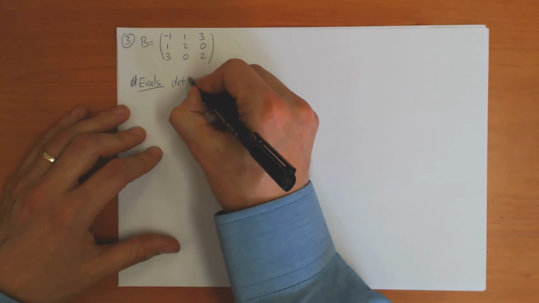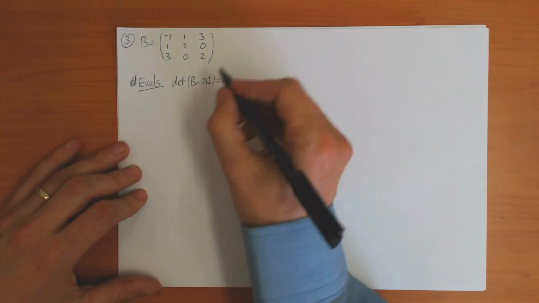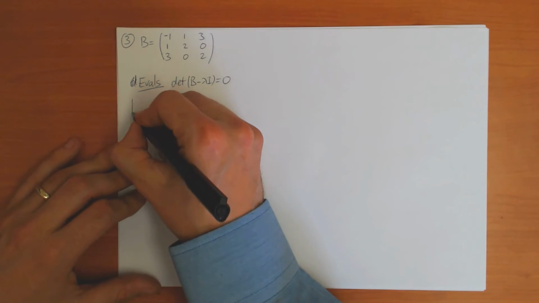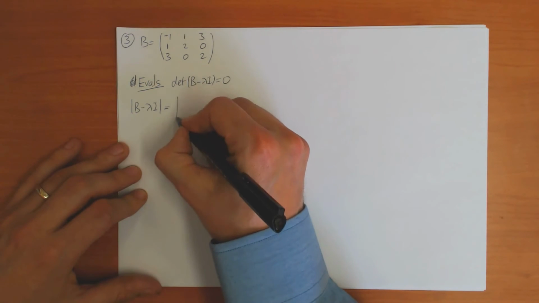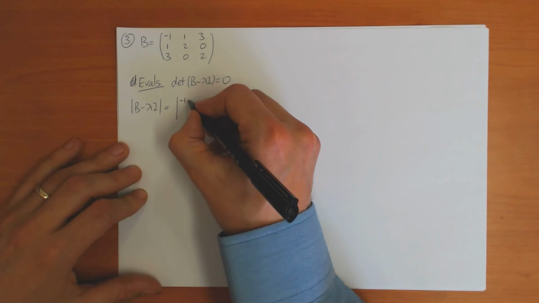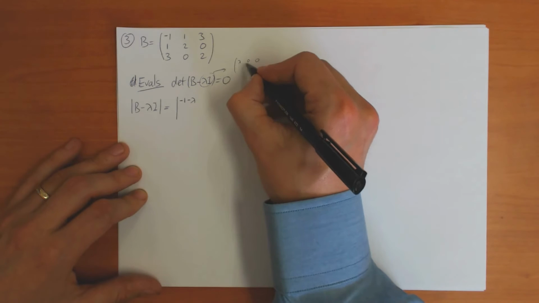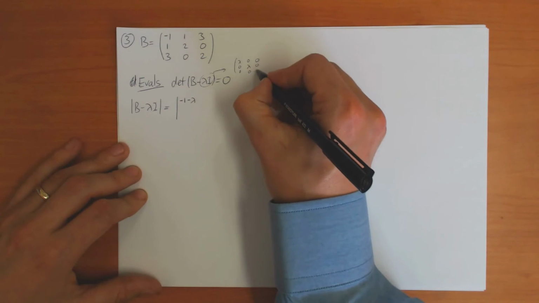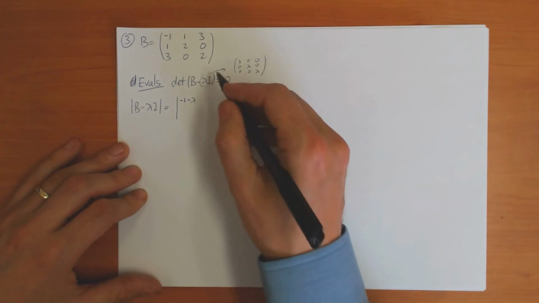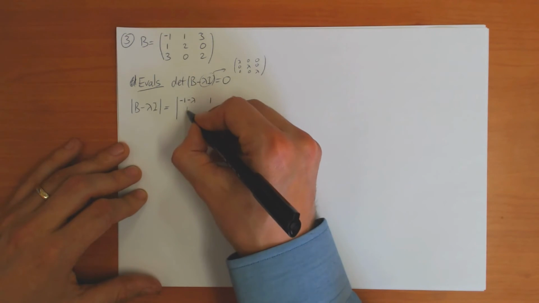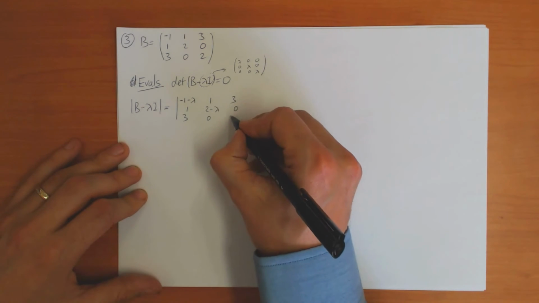That means solve det(B minus lambda I) equals 0. So the determinant of B minus lambda I is the determinant of minus 1 minus lambda, and so on. Here, lambda I is the matrix lambda 0 0, 0 lambda 0, 0 0 lambda, right? So we just subtract lambda from the diagonal elements, like this.